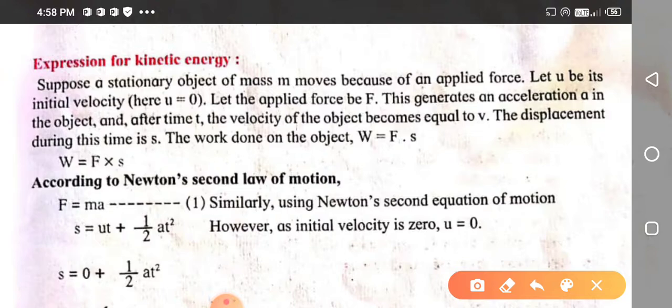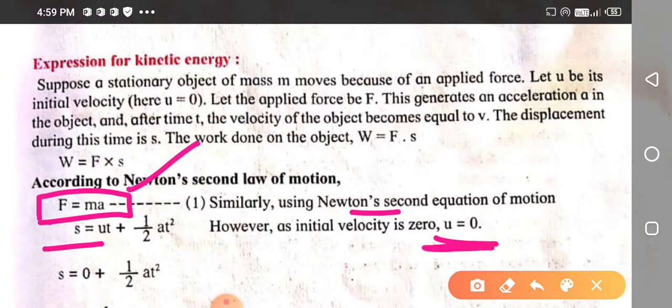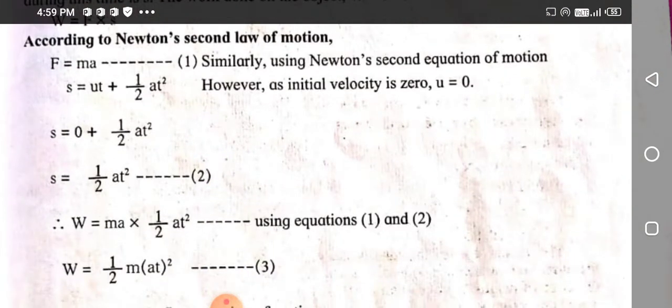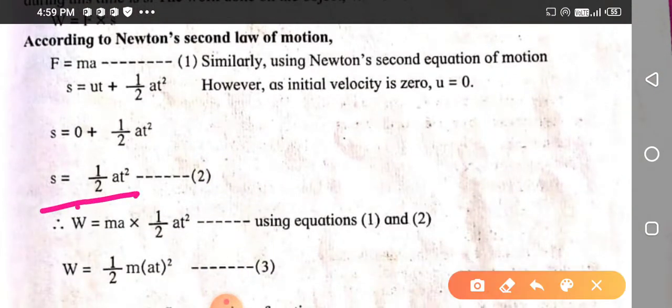According to Newton's second law of motion, F is equal to m into a. Due to Newton's second equation of motion, s is equal to ut plus half at square. As u is equal to 0, ut becomes 0 here. So s is equal to 0 plus half at square. Now we get s is equal to half at square.